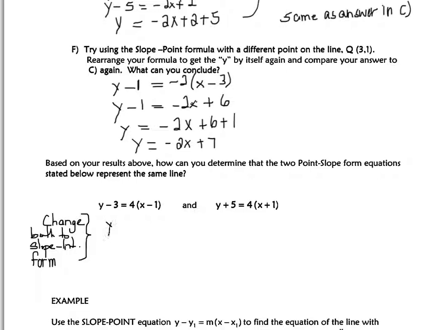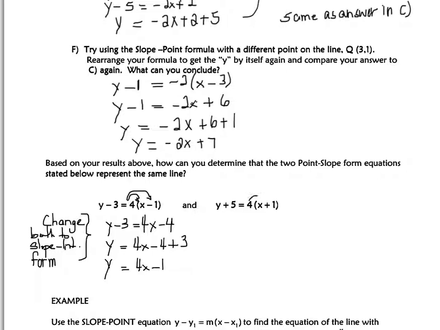So this one here would be y minus 3 equals 4x minus 4, if we distribute that 4. And then we've got y equals 4x minus 4 plus 3 when we bring the negative 3 over, or add 3 to both sides. And this is 4x minus 1.